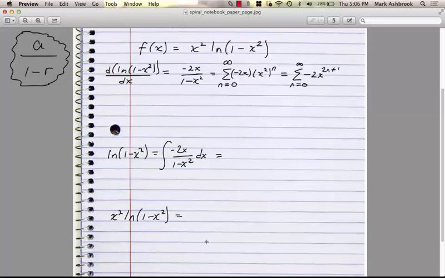Giving you a series on the first line there. Going from -2x over 1 minus x squared again. We're going to do negative x squared or negative x.